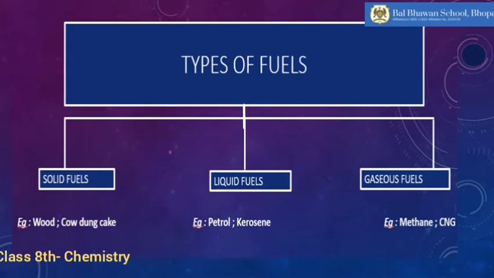And gaseous fuels means biogas or CNG or LPG, methane gas, etc. Out of these, few of them are derived from the fossils. So they are also called as fossil fuels.